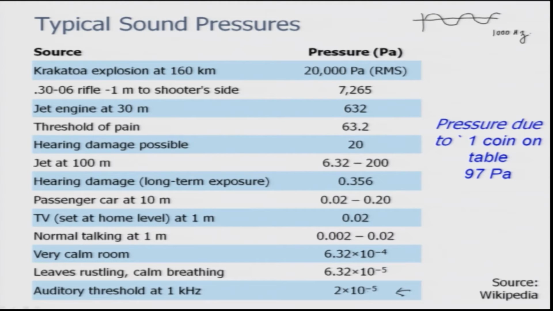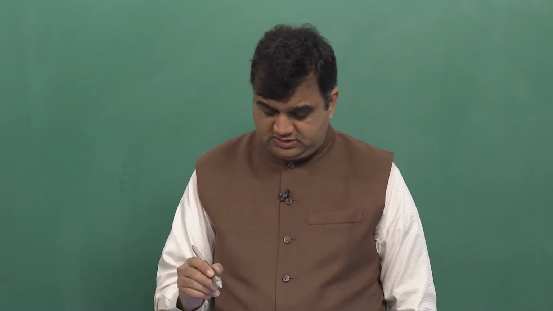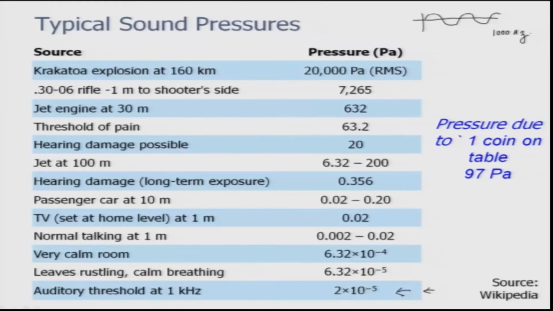This sound pressure level is the minimum sound which most human ears can perceive. Some human ears may be able to perceive slightly lower levels, some slightly higher, but on average this is the bare minimum level which human beings can perceive, and the RMS value is 2 times 10 to the power of minus 5 pascals, or 20 micropascals. That is the lowest level of sound which human ears can perceive.